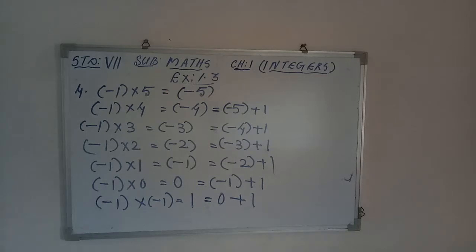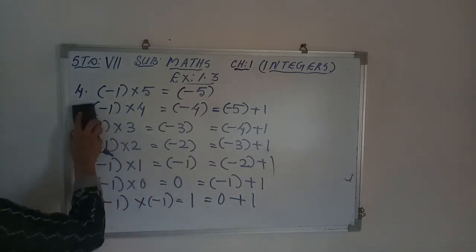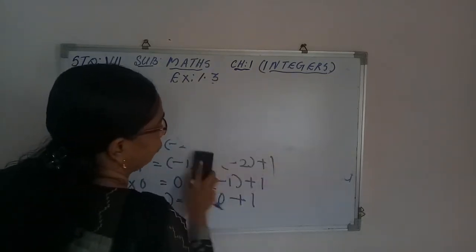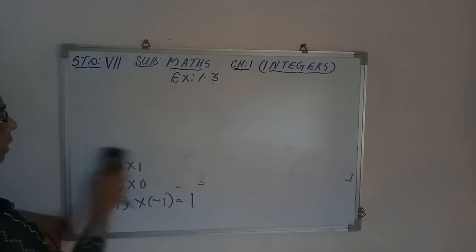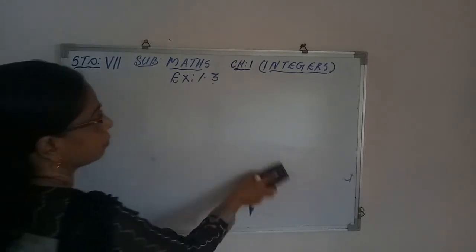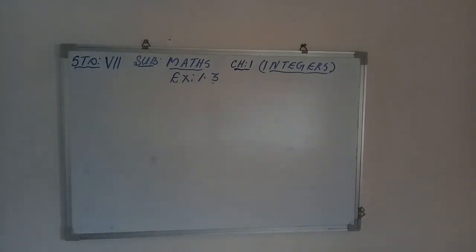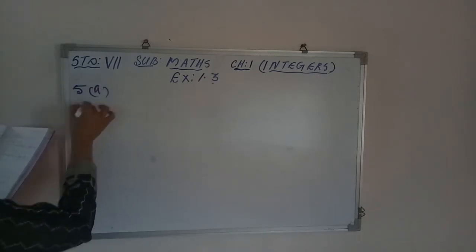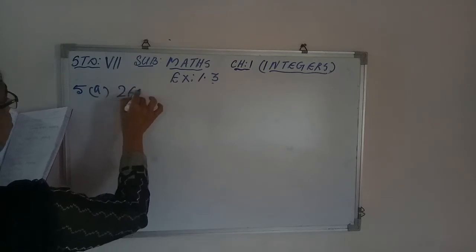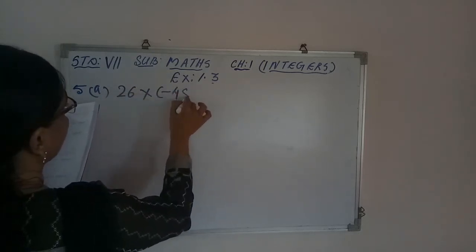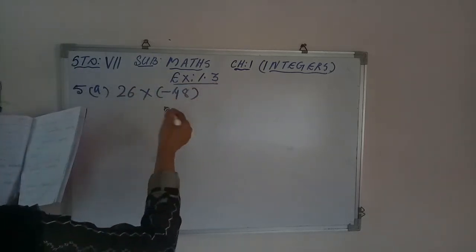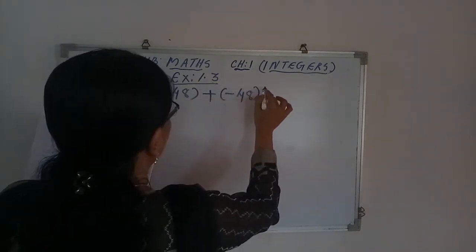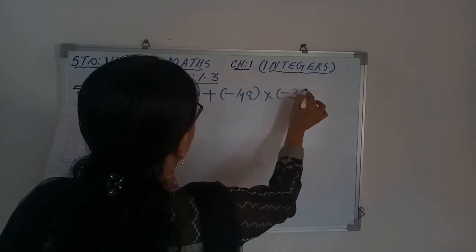Find the product using suitable properties. So we have to use the properties and then find the product. The first question, A: 26 into minus 48 plus minus 48 into minus 36.